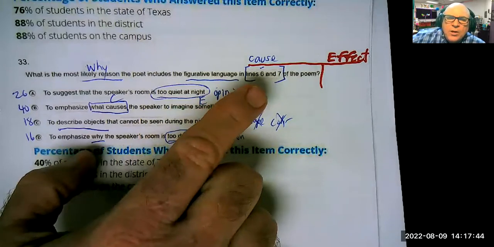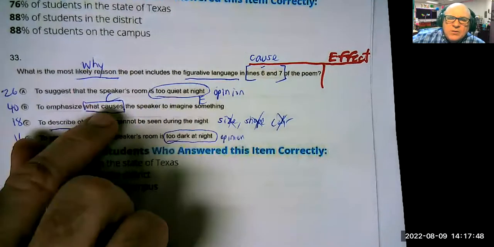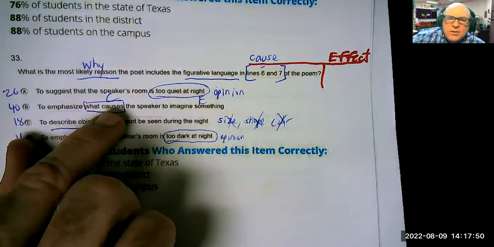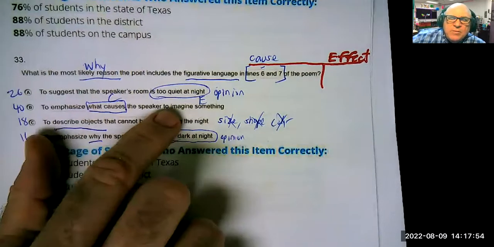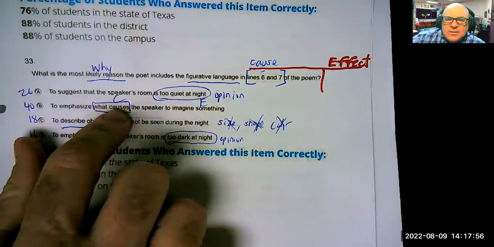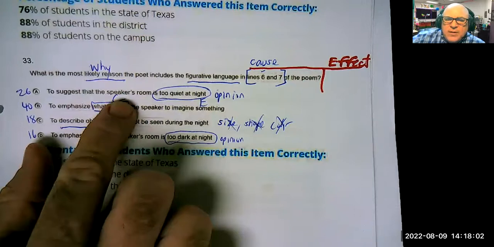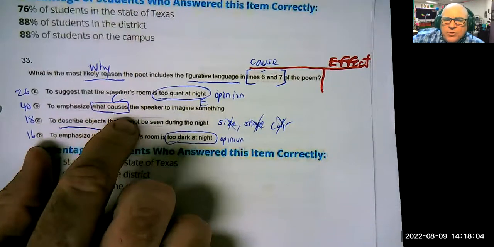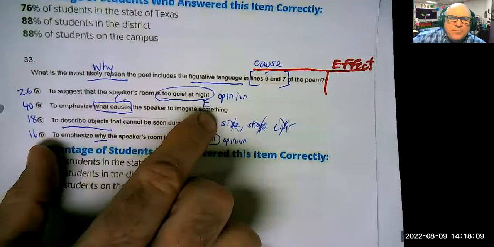So B, to emphasize what cause the speaker to imagine something. So if the figurative language that's used on line 6 and 7, the cause, what happens first, causes the speaker to start imagining something afterwards, then that would be the effect.